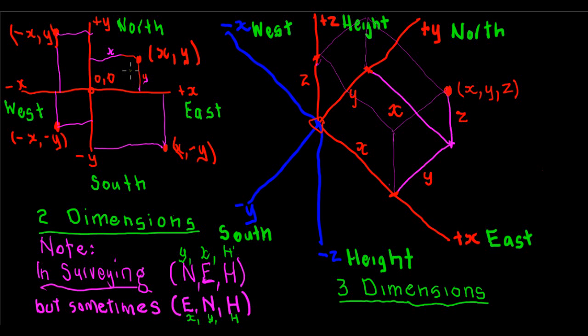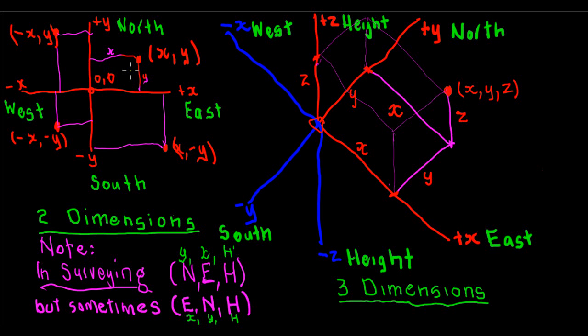Now in surveying, we tend to work in directions or bearings, bearings being angles that are measured clockwise from north. And we tend to use north and east predominantly.